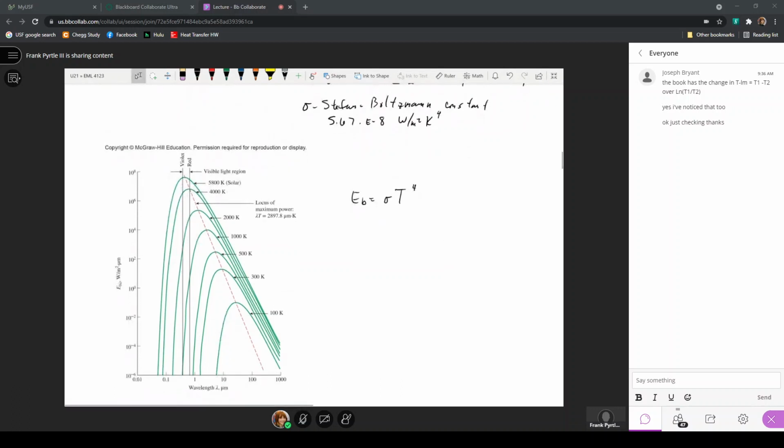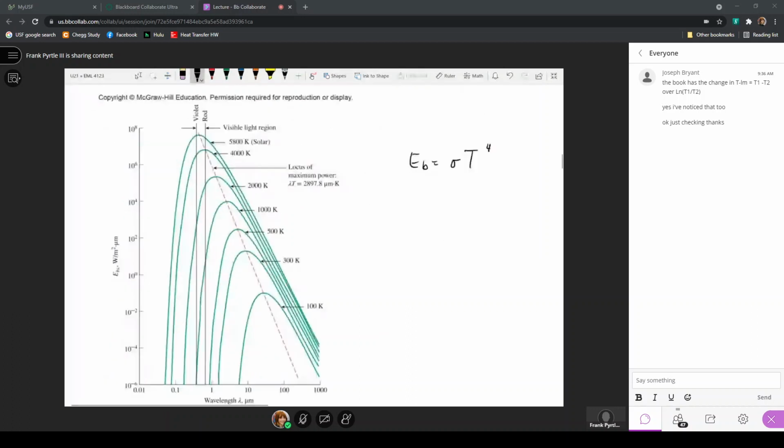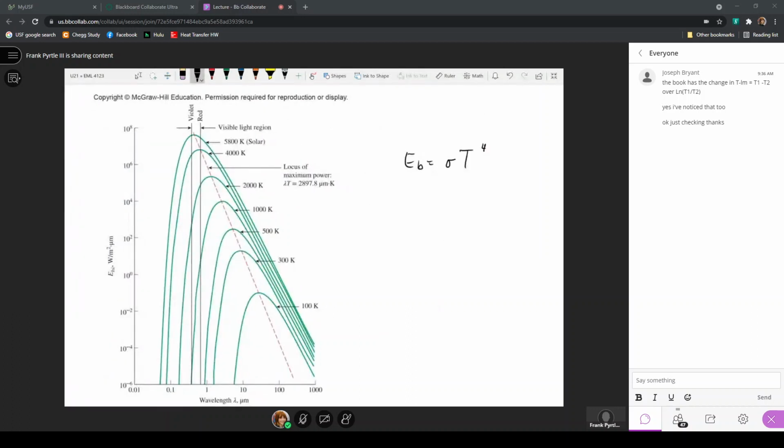That's the black body emissive power. Now, here on this plot, this is a spectral black body emissive power, E sub B lambda.